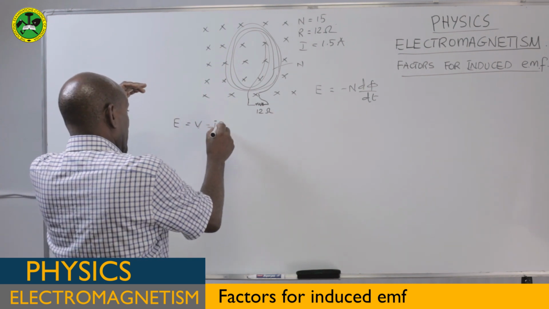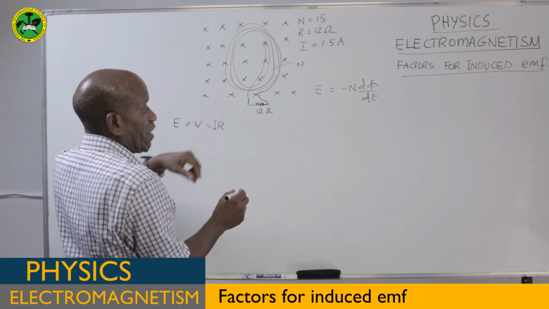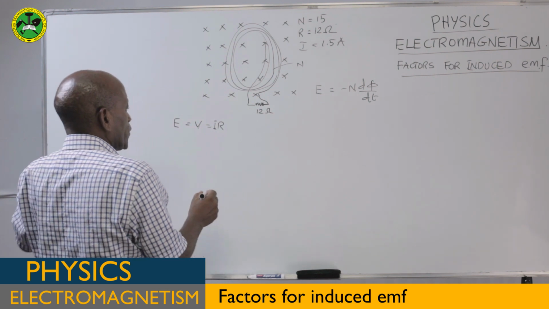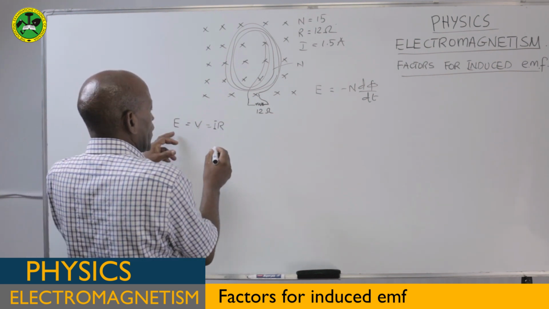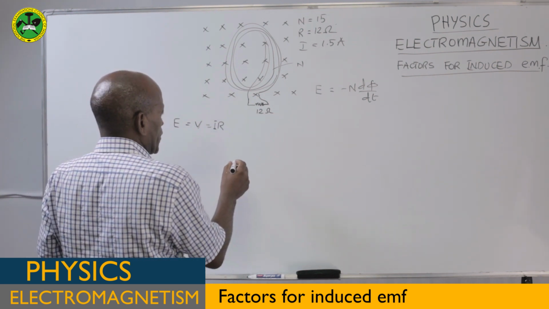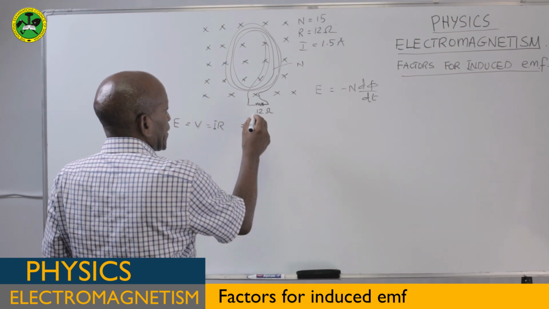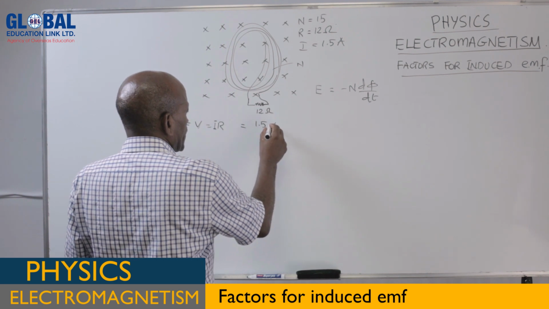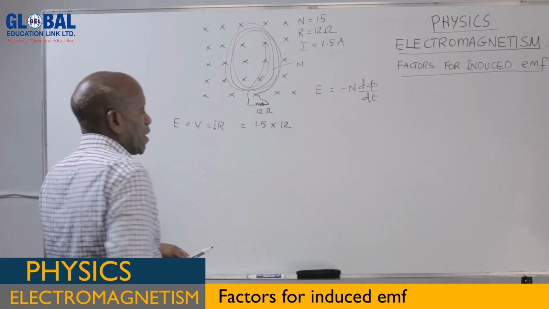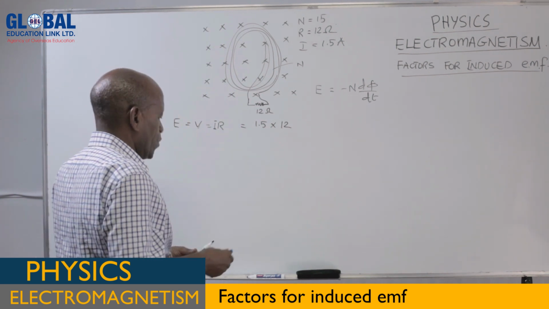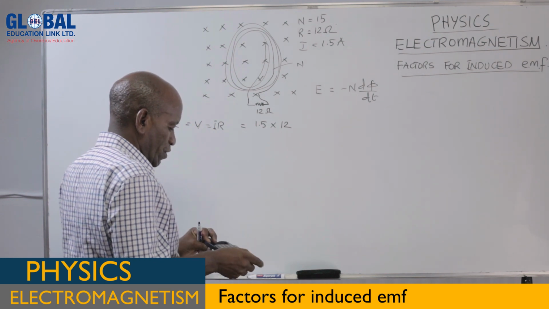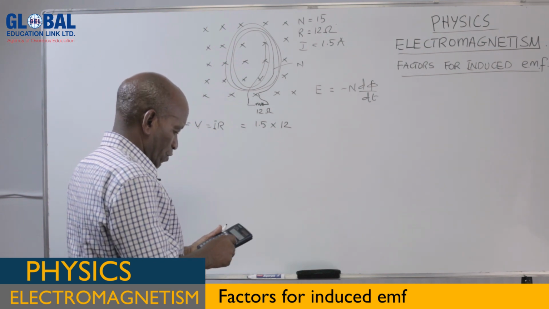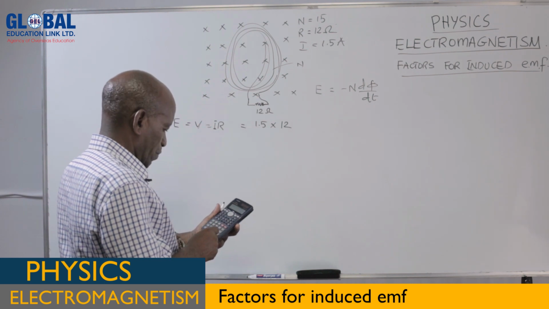The current I is given, and the resistance R of the coil is known, so we can find the induced EMF E in volts. The current I is 1.5 ampere and the resistance is 12 ohms. If you calculate, you get the induced EMF, that is 12 times 1.5.